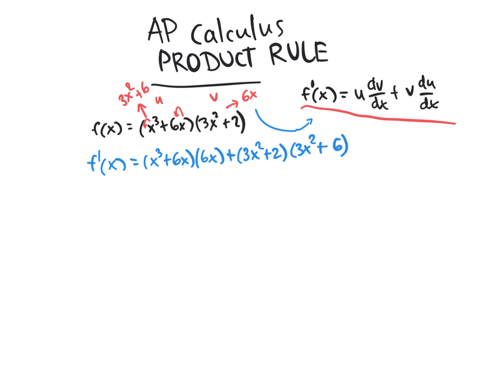This is simply u times the derivative of v. This is v, and this is the derivative of u. Just as we did in the top equation here.